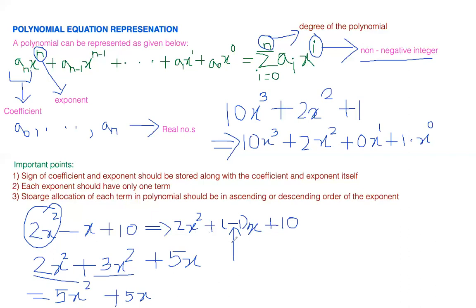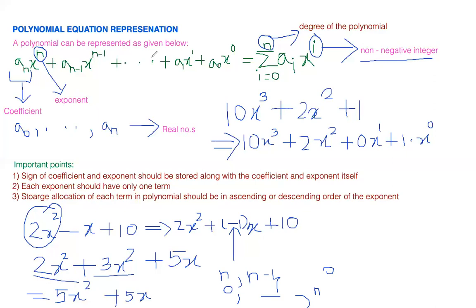That is, the exponents either should be stored in the order n, n minus 1, ... 2, 1, 0, or it has to start from 0 and then go till n.